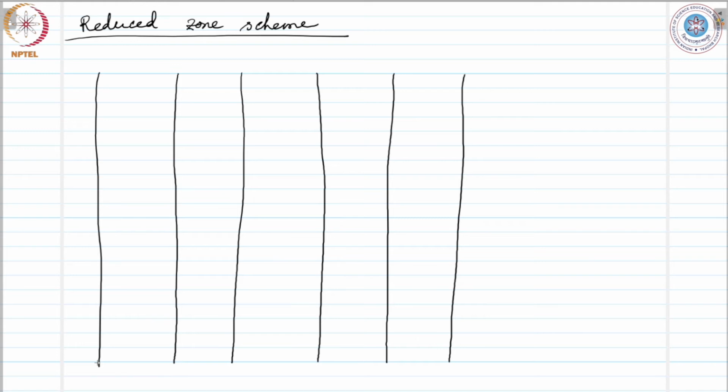If that is the situation, then in the nearly free electron model we have seen that the bands look somewhat like this, and so on. So this part is called the extended zone scheme.